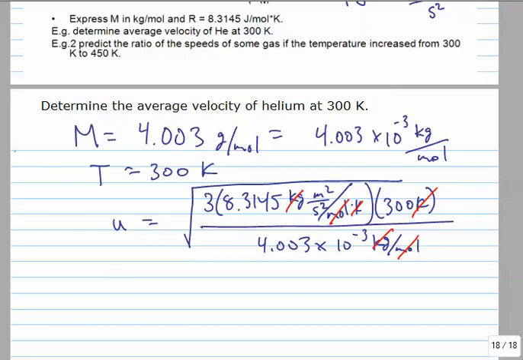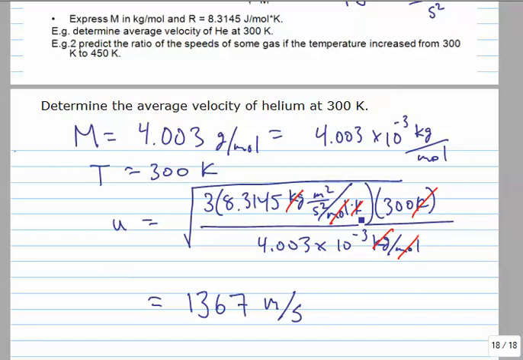That will give us some very large number, and we will take the square root of that number, and that will tell us that the root mean square velocity of a sample of helium is 1367 meters per second. So helium molecules are moving very rapidly.